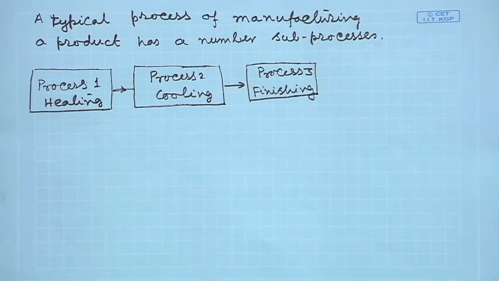So, let us say some metal object we are manufacturing. In the first process we are heating it, maybe to achieve certain material property or shape or whatever it may be. Then we have to cool it, because during finishing a process we cannot allow the hot object.